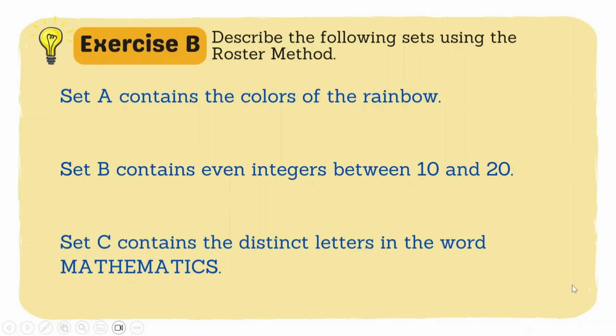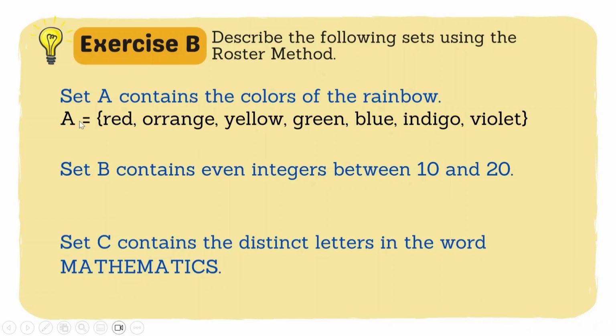Okay, let's have first exercise para po hindi natin makalimutan yung lesson natin. You're going to describe the following sets using the roster method. You can pause this video, pwede nyo pong gawin on a scrap paper and then go back for the checking of your answer. Okay, let's have the answer for the first set. We have here set A contains the colors of the rainbow. Paano po natin ito i-describe using the roster method?